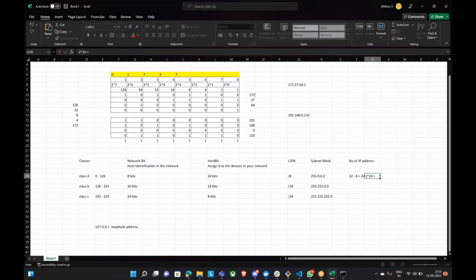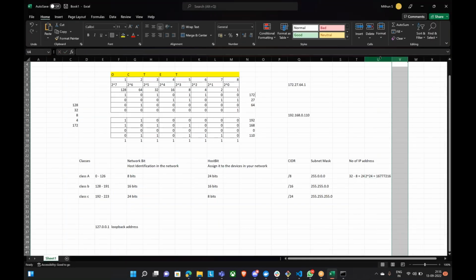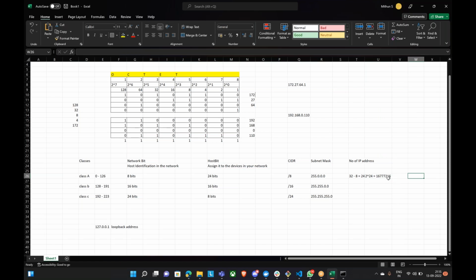So what is this value? 1 crore 67 lakh 77,216 IP addresses. Very huge, right? So you can spin up 1 crore plus servers in your network if you use this network.